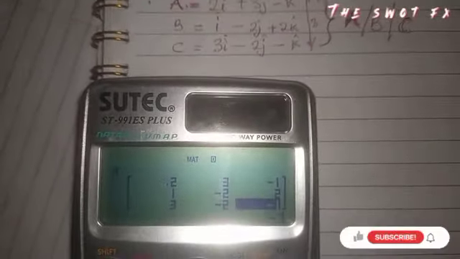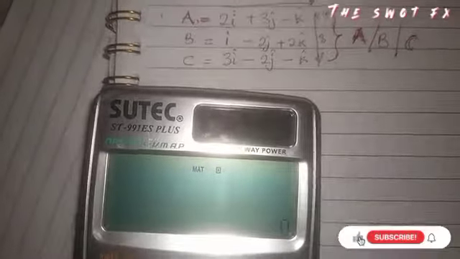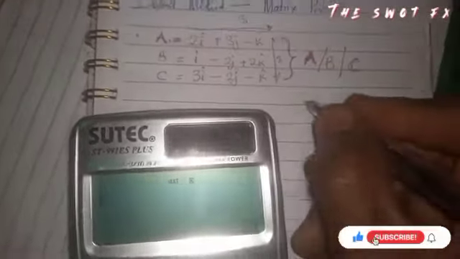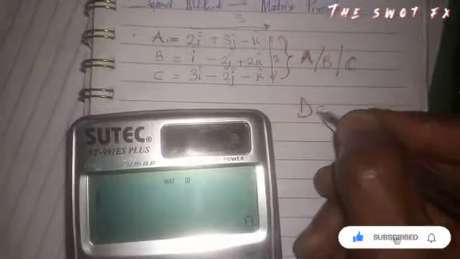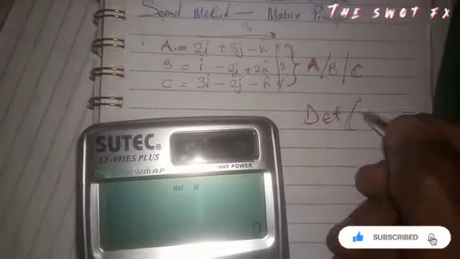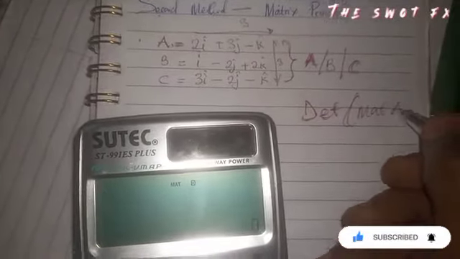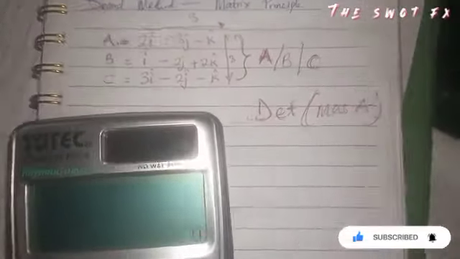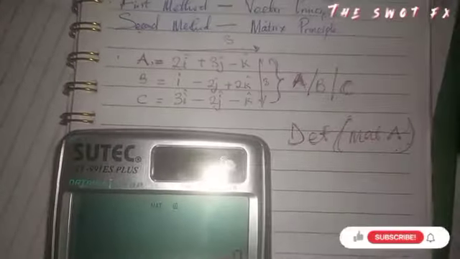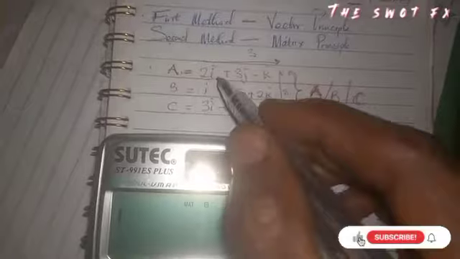So when you are done inputting everything, then you press AC. Now this is what we want to do. What we want to do is determinant, det mat A, matrix of A. Determinant of matrix A, because we are looking for the determinant of everything, don't forget.